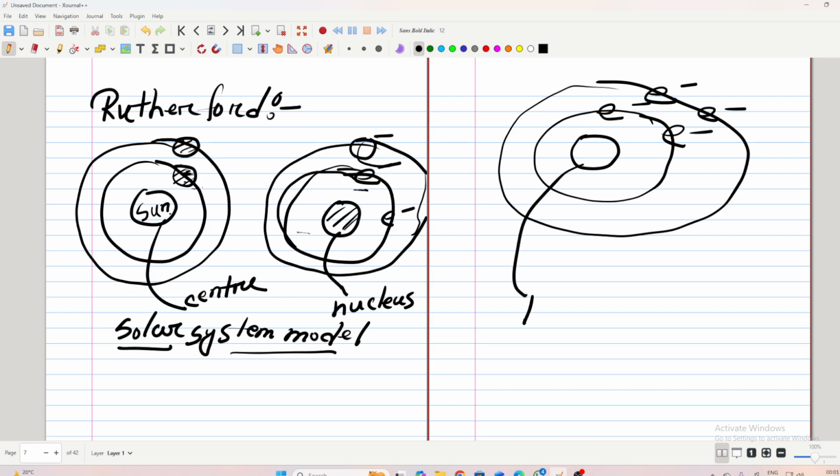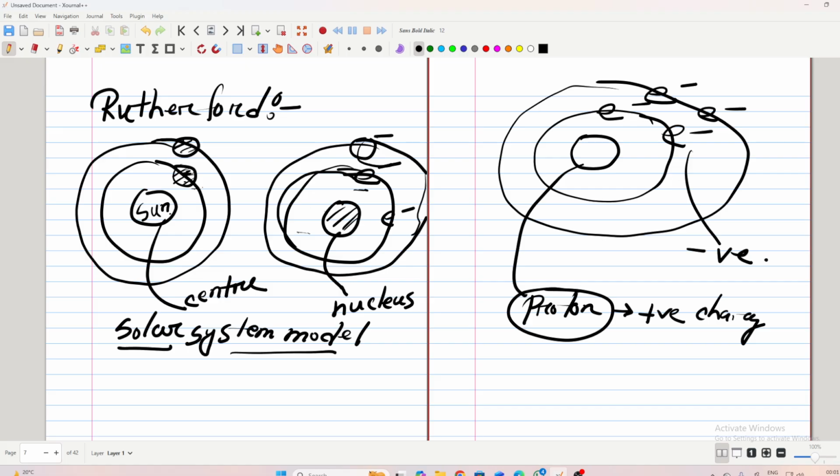In the nucleus, protons exist. These protons are positive charge, and these electrons are negative charge. So we call this nucleus positive charge, and these electrons negative charge.